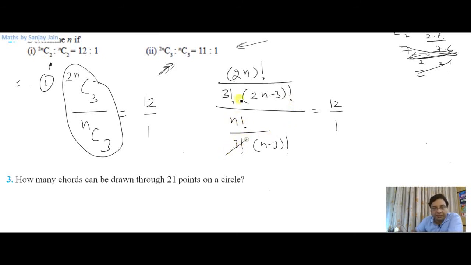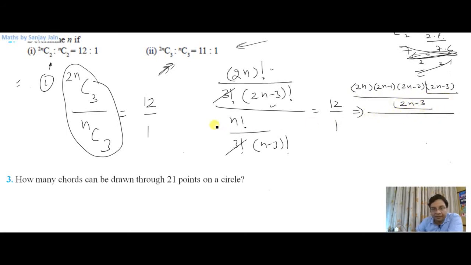So see, this 3 factorial can be cancelled, and in the numerator, this is 2n factorial. If I write 2n factorial as 2n into 2n minus 1 into 2n minus 2 into 2n minus 3 factorial, divided by 2n minus 3 factorial, divided by, now this n factorial can be brought, this n minus 3 factorial is one of the factors of this.